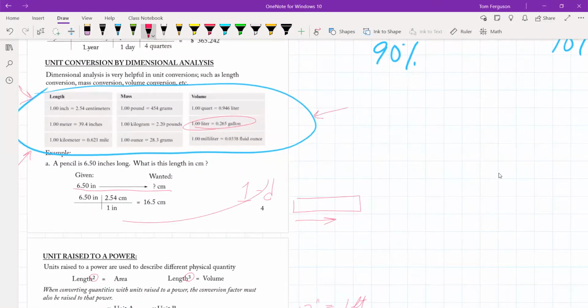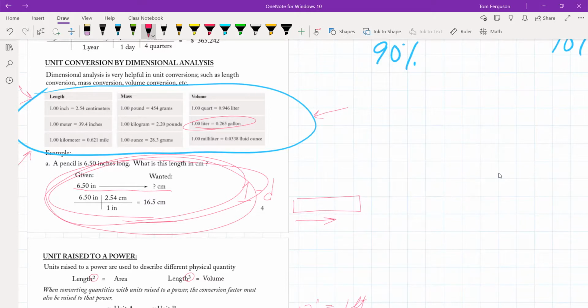Are you okay with this guy? Which part of it? This problem here. Yes. In other words, if I gave you that problem, you're okay working it. Yes. Okay, it's a one-stepper, right?